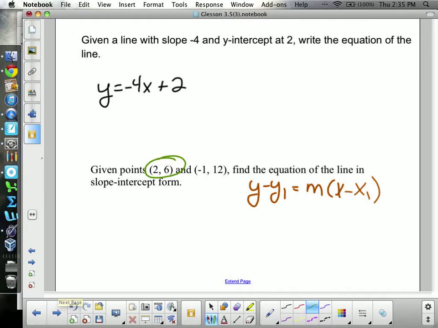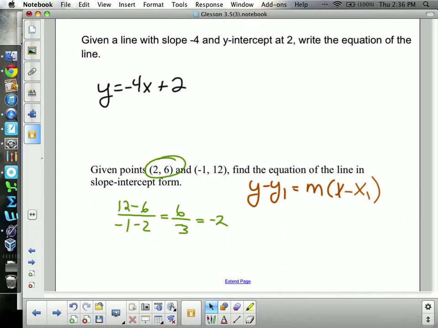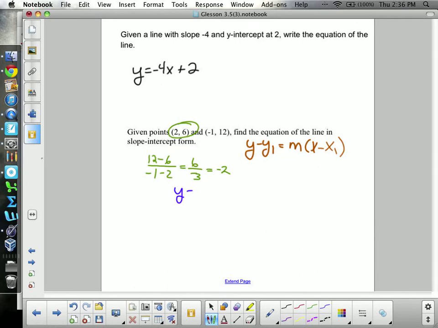In the formula, right? So that's 12 minus 6, over negative 1 minus 2, or 6 over negative 3, which is negative 2. That's m, so now I do y minus 6 equals negative 2x minus 2. And then we distribute.